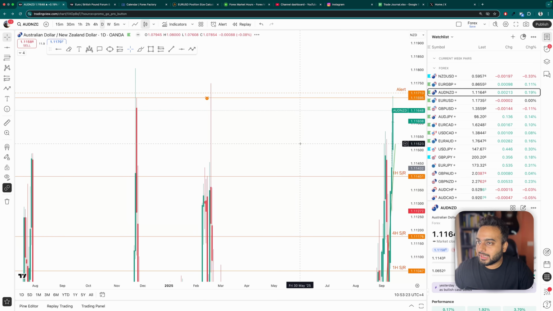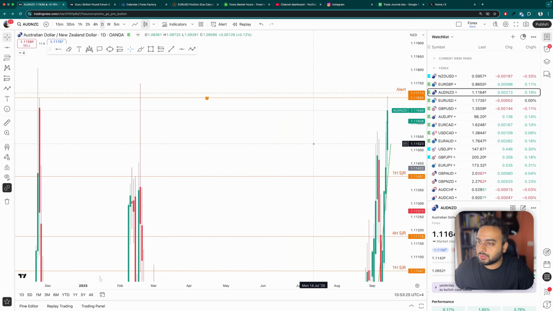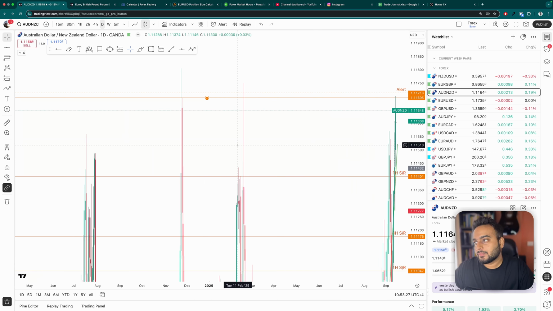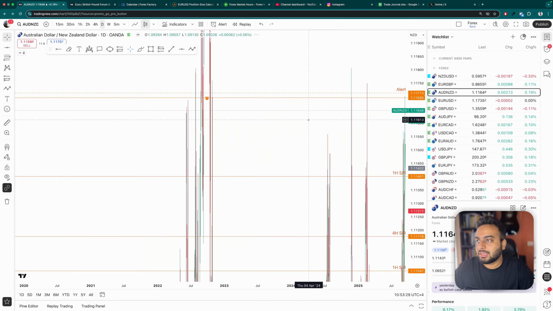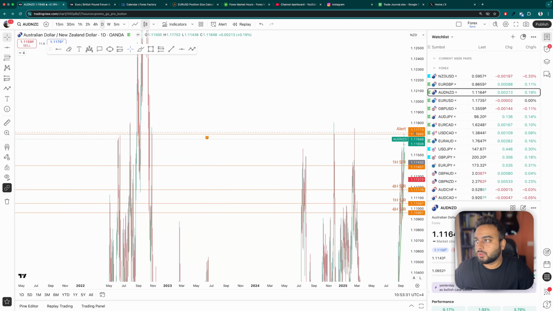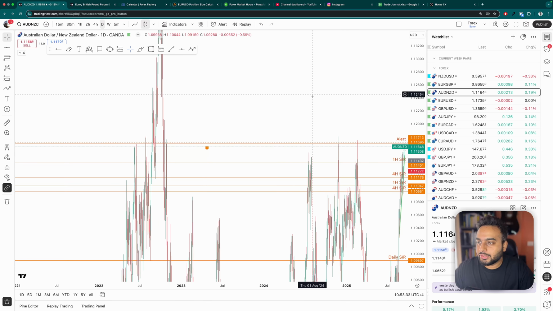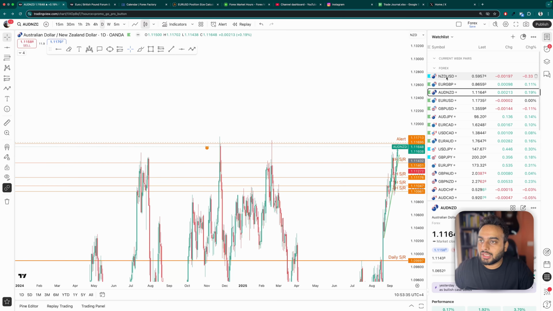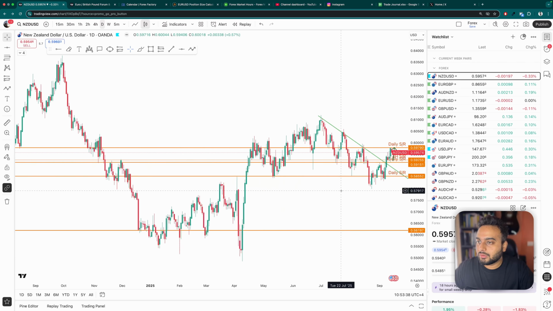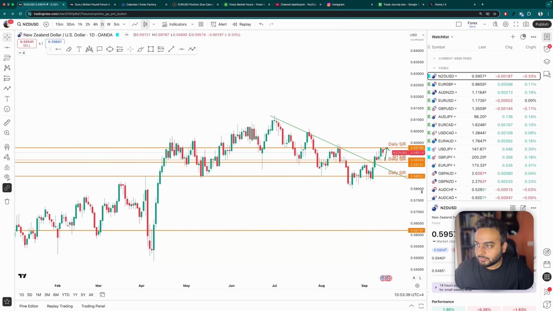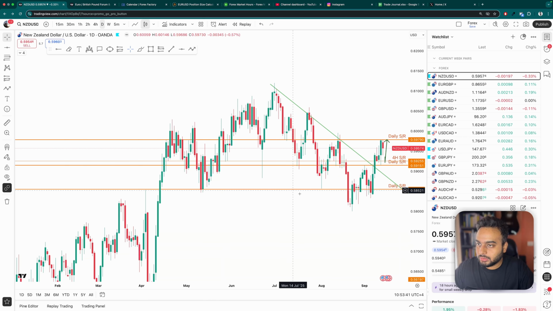The only thing is the price is coming really slow right here, so I think it might break this resistance and move towards the new target of around right here. We'll see that. So NZD USD, we are looking for the trade. I already told you, the price action is smooth.